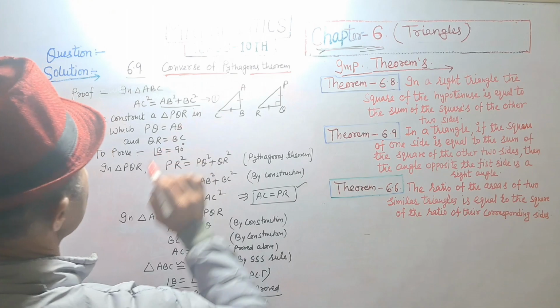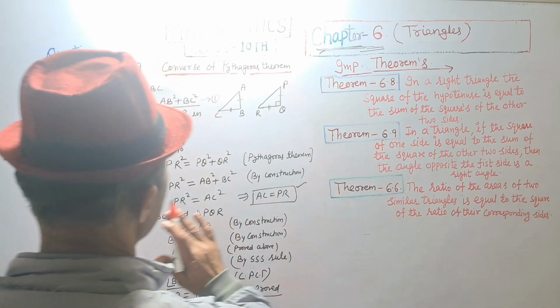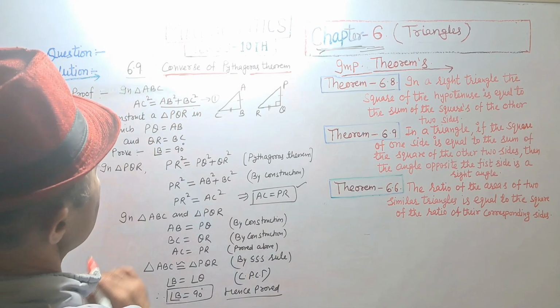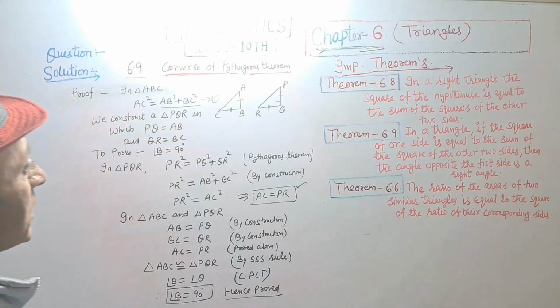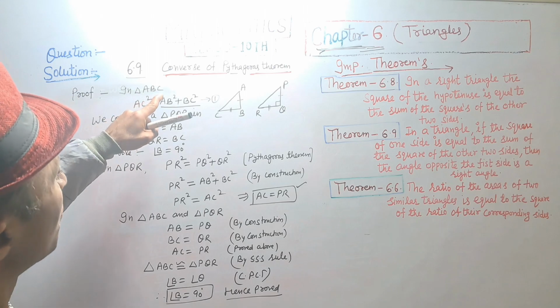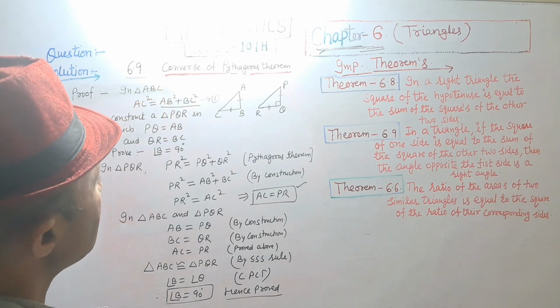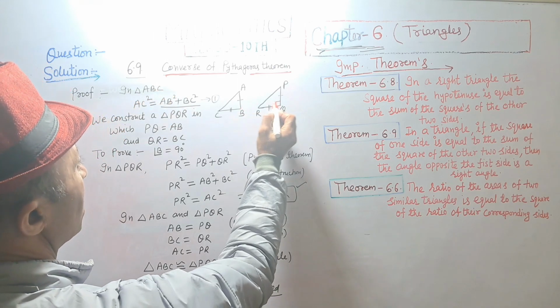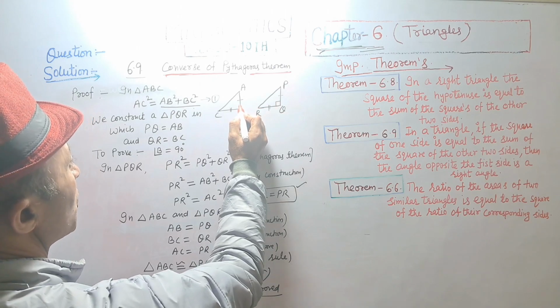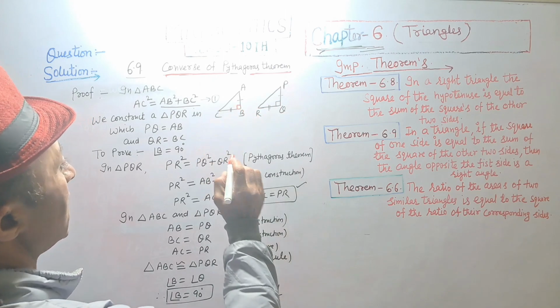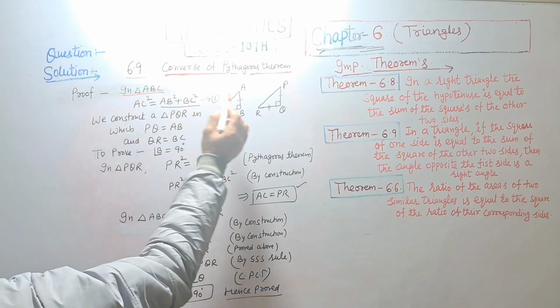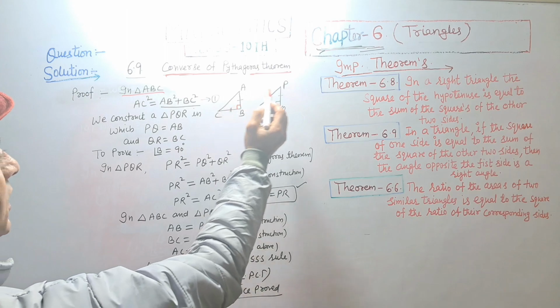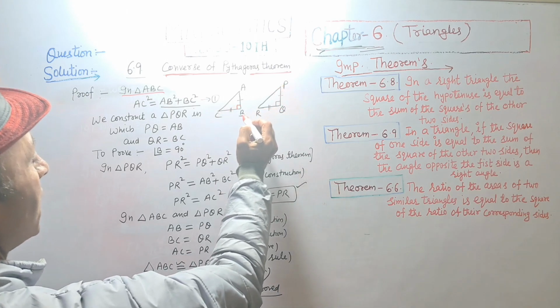The converse of Pythagoras theorem statement is here. In a triangle, if the square of one side is equal to the sum of the squares of the other two sides, then the angle opposite to the first side is a right angle, and we want to show angle B is a right angle.